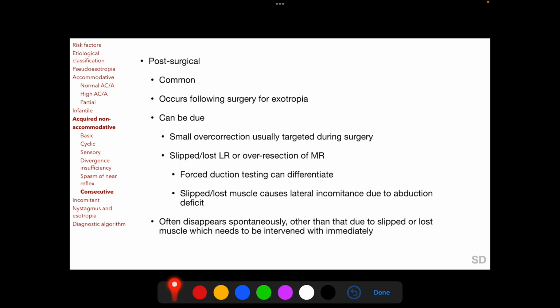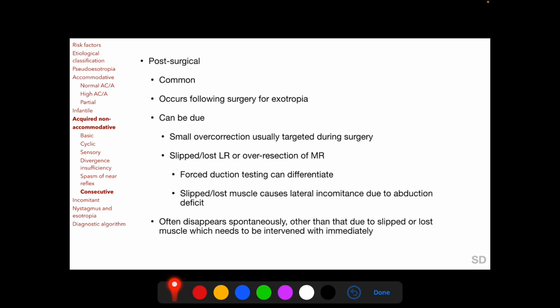Post-surgical consecutive esotropia is more common and occurs following surgery for exotropia. This consecutive esotropia can be due to the targeted small overcorrection, or due to a slipped or a lost lateral rectus muscle, or over resection of medial rectus muscle during correction of exotropia.